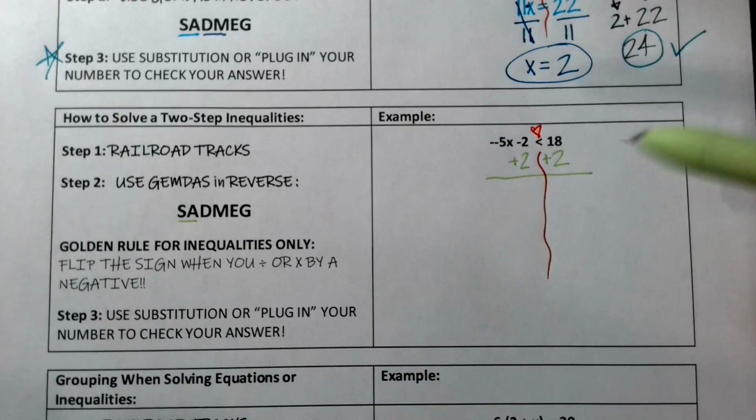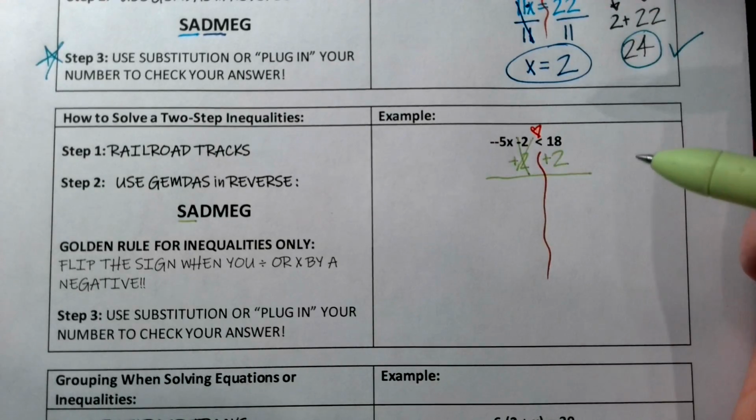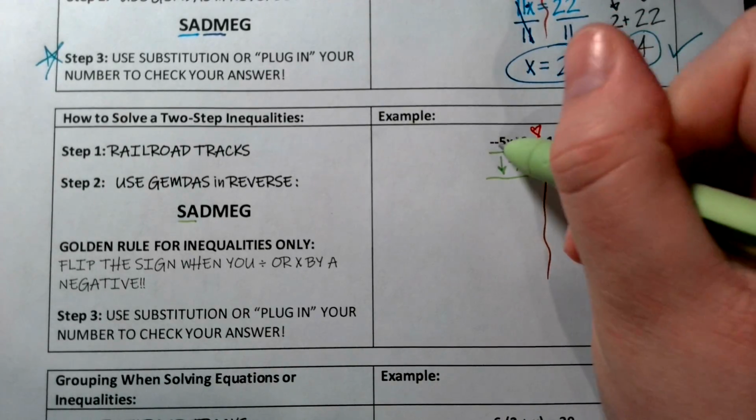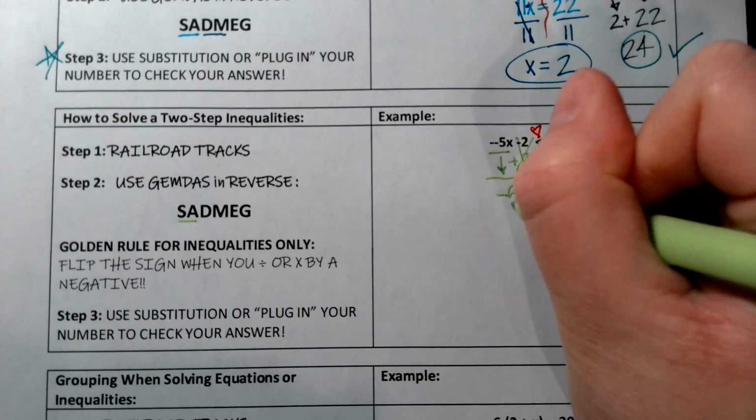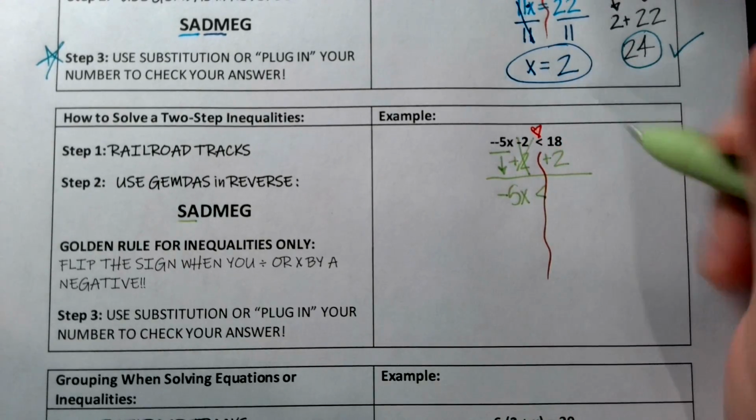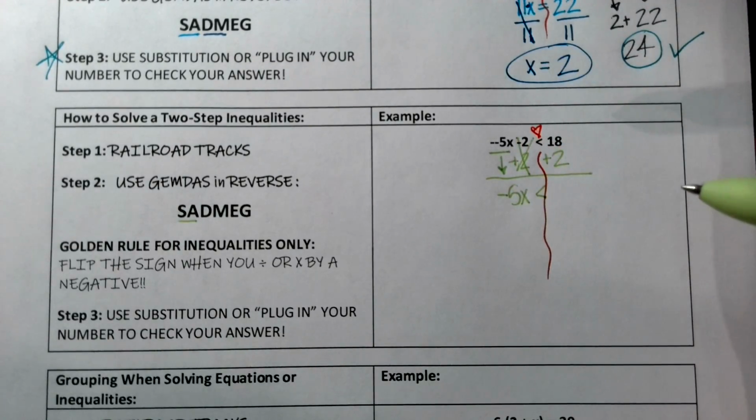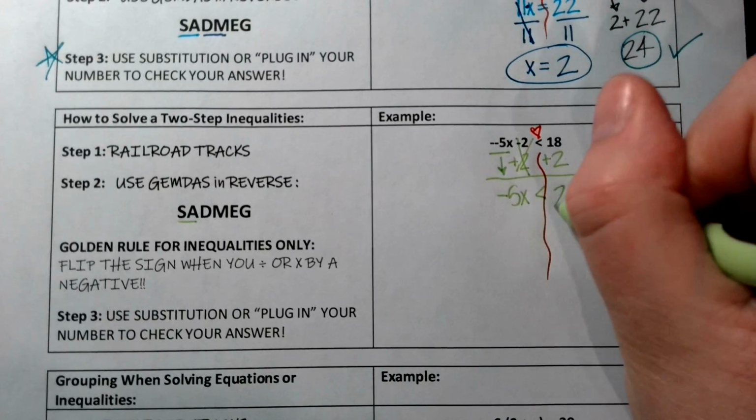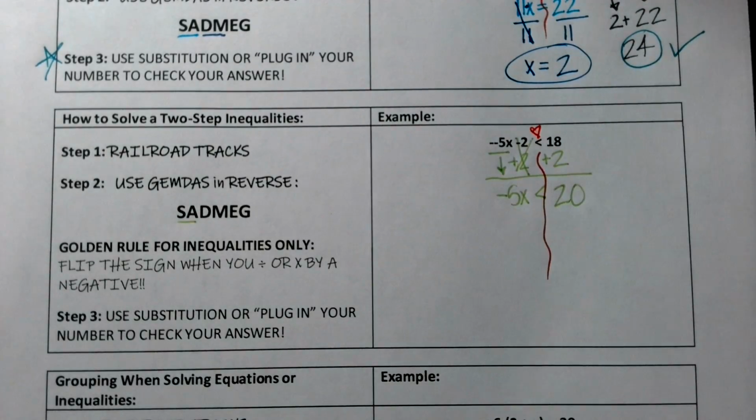Just like we had up there, a negative 2 plus 2, they cancel out, so I have to bring down that negative 5x is less than 18 plus 2 is 20. So there's our subtraction and addition.